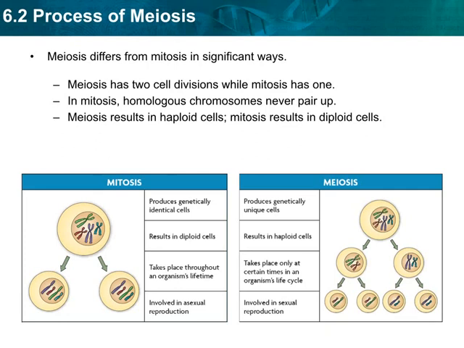Your skin is reproducing this way constantly, and it's involved in asexual reproduction. Meiosis produces genetically unique cells, different cells, results in haploid cells, takes place only when reproduction occurs, and it sets the table for sexual reproduction.